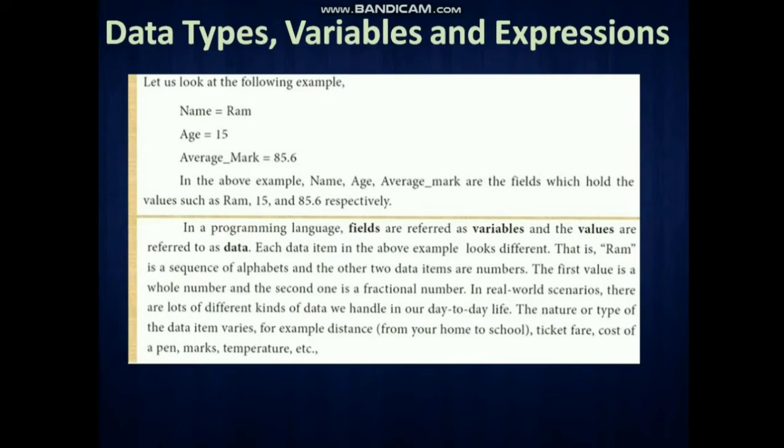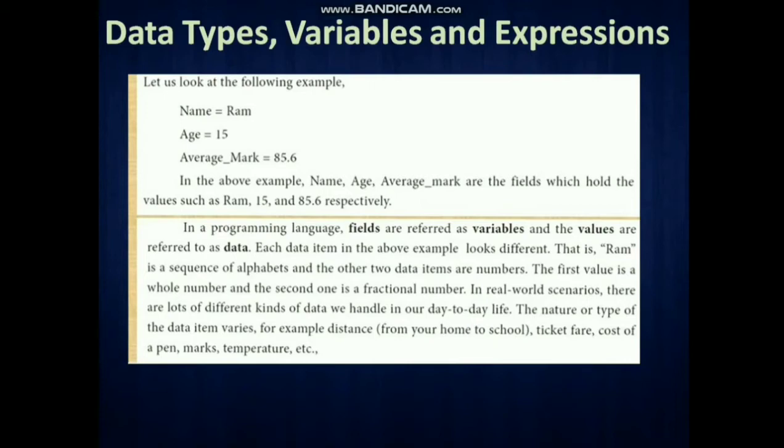This is the way we give values to the variables. As well as values, we have to give data types. Each variable has a particular data type: name has its data type, age has its data type, and average mark also has its data type. We will see all these built-in data types one by one.